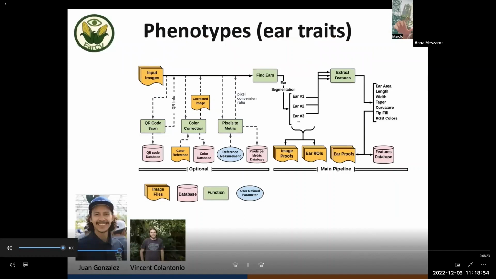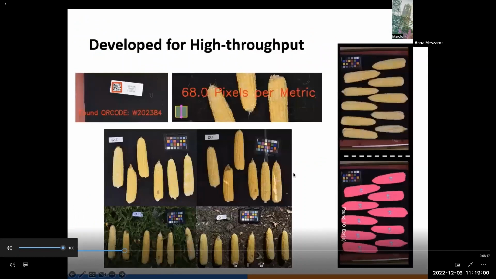And now every ear that's produced in the context of the breeding program, we snap a picture of it, and the software will use artificial intelligence to identify where the ears are in the picture and measure them.